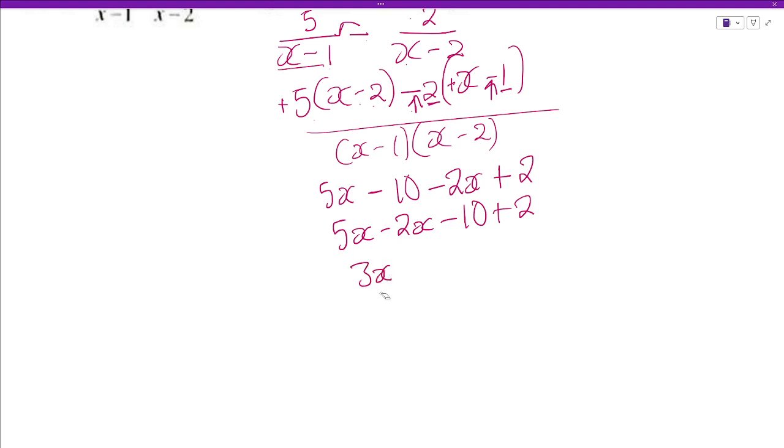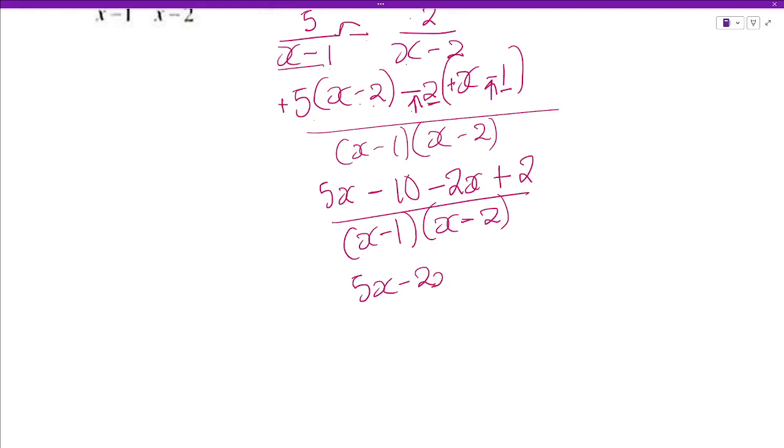Oh wait, where are we? Right there, we forgot the denominators. So the denominators don't change. Just keep putting them the way they are appearing up there. Okay, when we simplify there, we get 5x minus 2x, we group them together, minus 10 plus 2, again the denominators, the same way they're appearing up there, x minus 1, x minus 2.